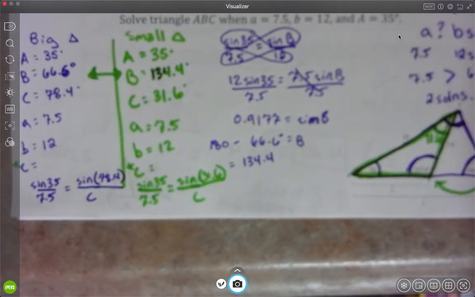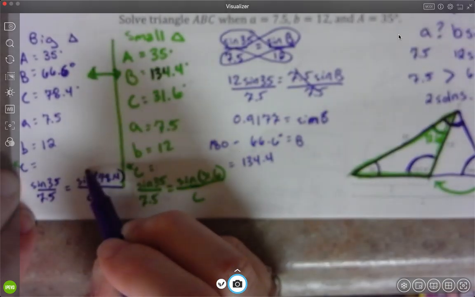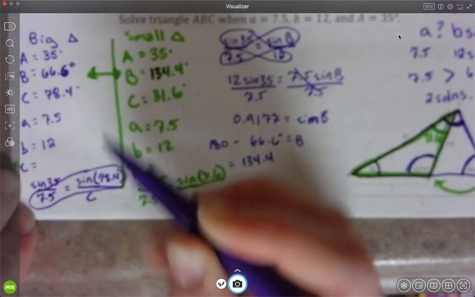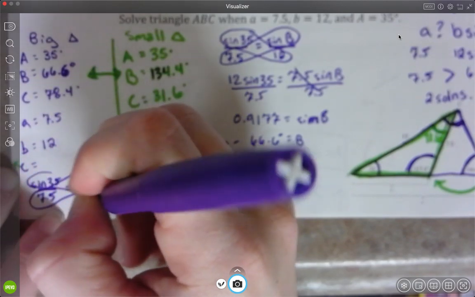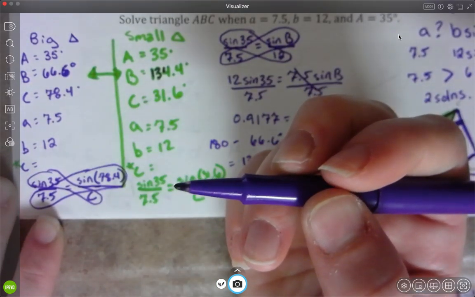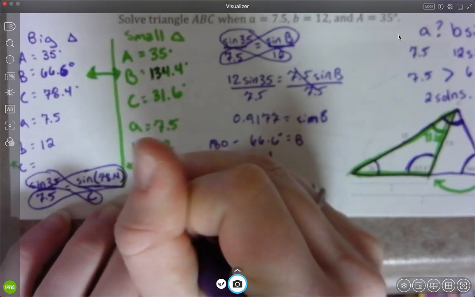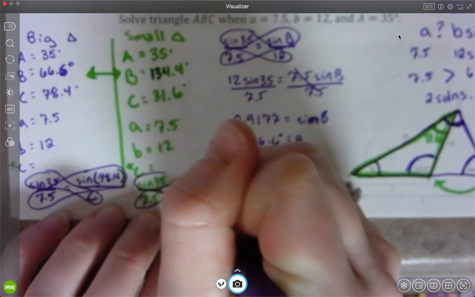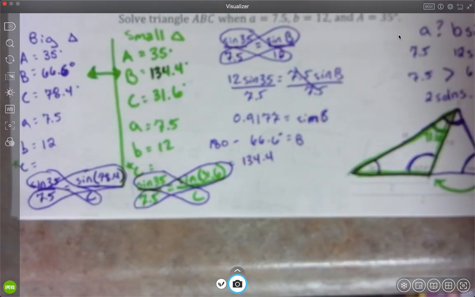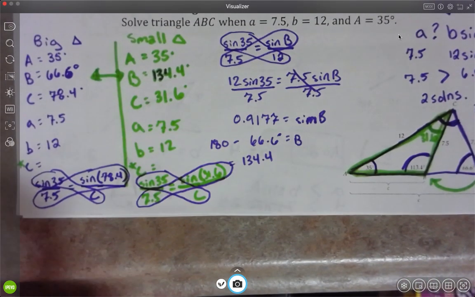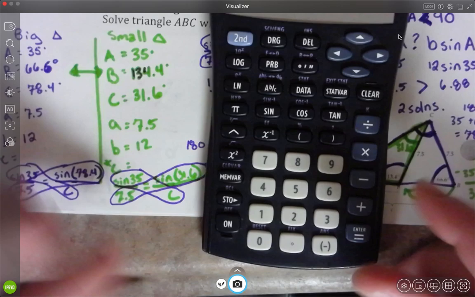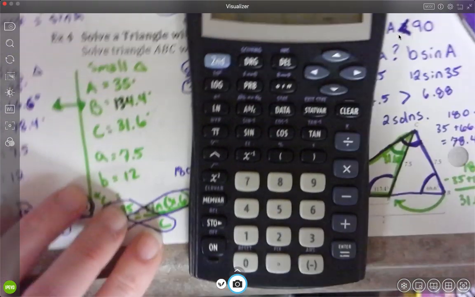Cross multiplying on each one of them, I'm going to multiply these two together and divide by sine of 35 to get what c is. Same thing here. I'm going to take 7.5 times sine of 31.6 and divide by sine of 35 to get this c. So I'm just going to change some things around and get each one of those c's, and we will have an answer.